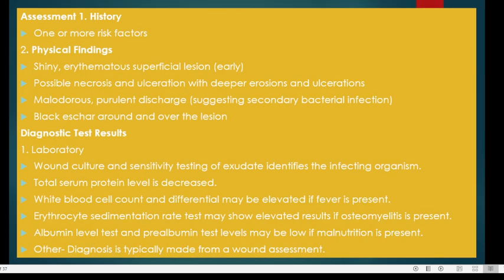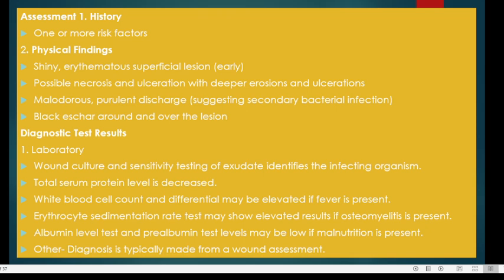Assessments, starting with the history. From the history, the patient normally reports or presents with one or more risk factors. And physical findings, which are normally arrived at through inspection, palpation, percussion, and auscultation.